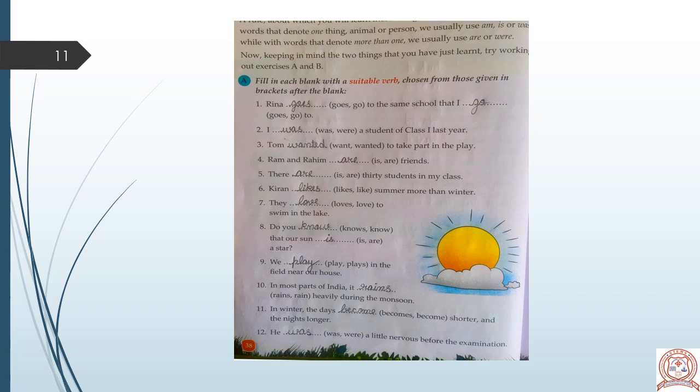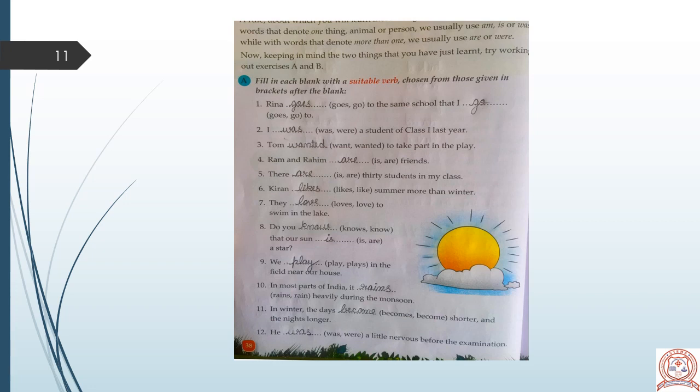Tom dash to take part in the play. Tom wanted to take part in the play. Ram and Rahim dash friends. Ram and Rahim are good friends. There dash 30 students in my class. There are 30 students, not is.